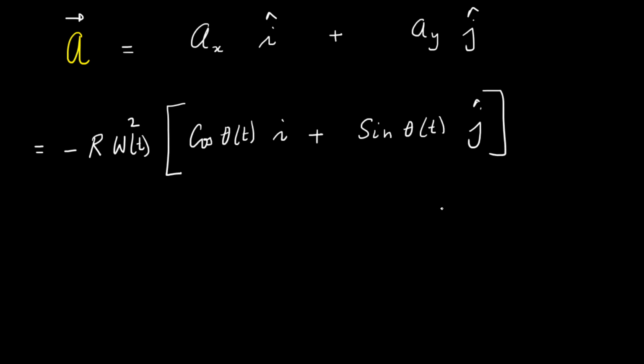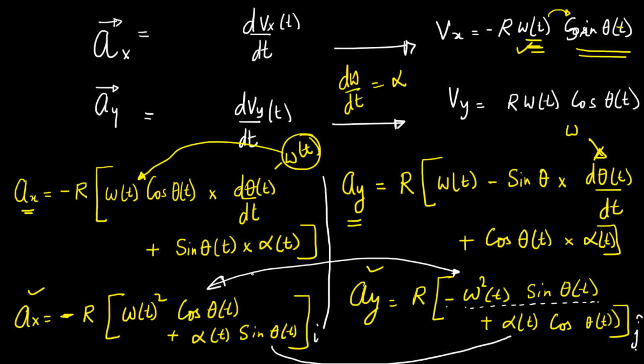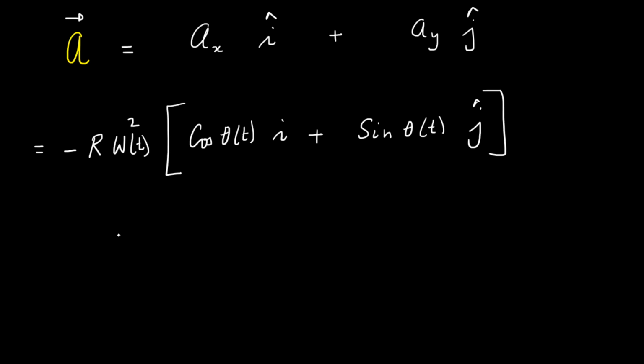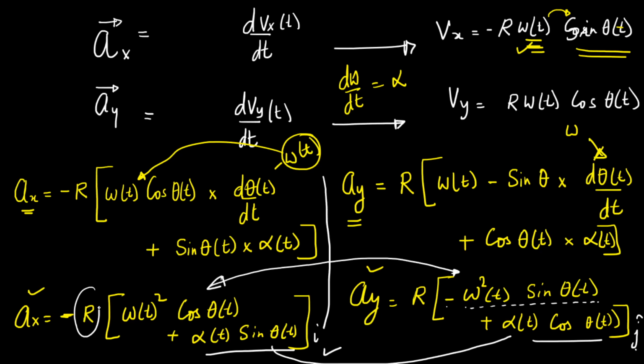And so I've got two terms here. There are two more terms which have alpha in them, but this alpha has got i and this alpha term with cos theta has got j. So I'm going to write it as plus r alpha t. You will see that there is an r here and an r here, and therefore this will be minus sine theta because there's a minus sign here, and this will be plus, which is cos theta.